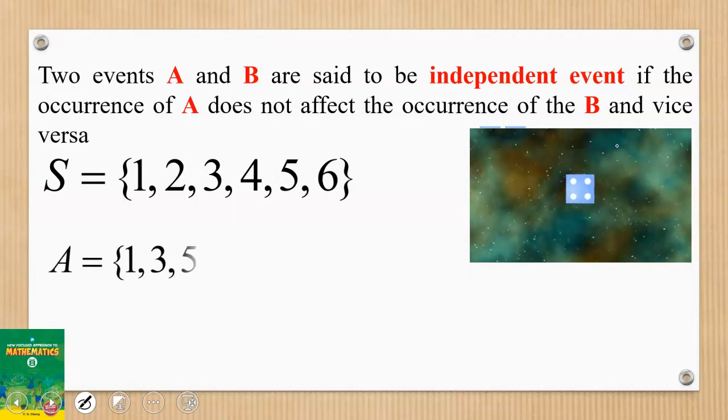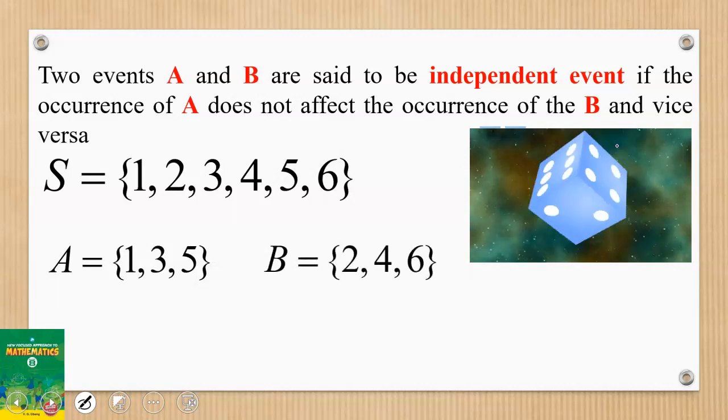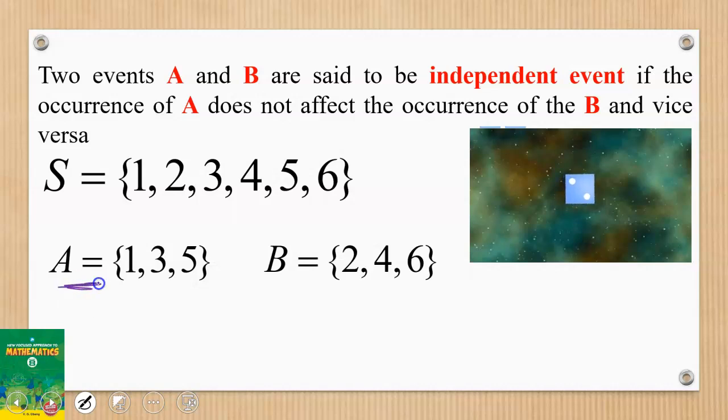If I generate an event A, which is odd numbers, and another of even numbers, you realize that the intersection of these two events is the empty set. And when you are throwing a fair die, the occurrence of an odd number does not affect the occurrence of an even number. So these are two independent events. Any of them can occur independent of the other. So that is all we are going to look at. Let's take an example and see.